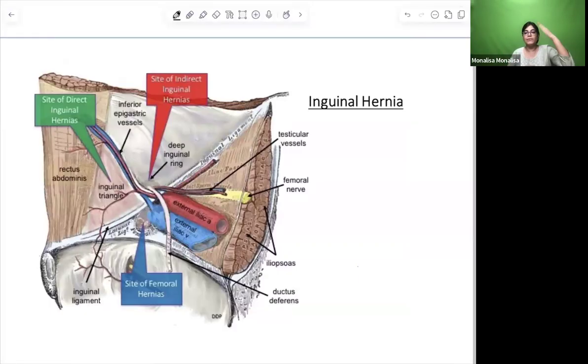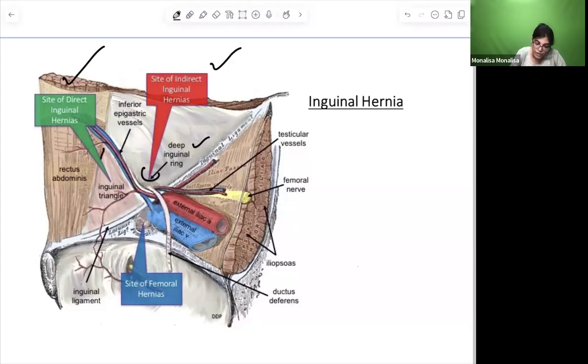Above the level of the inguinal ligament, we have the hernia called inguinal hernia. In indirect inguinal hernia, the herniation occurs via the deep inguinal ring and inguinal canal.